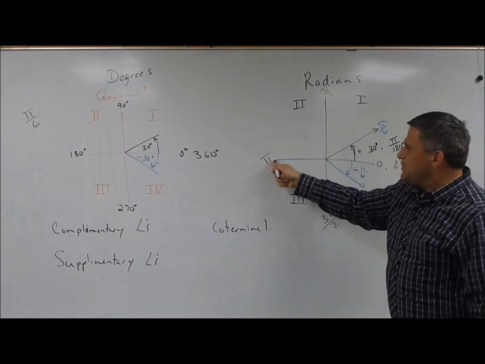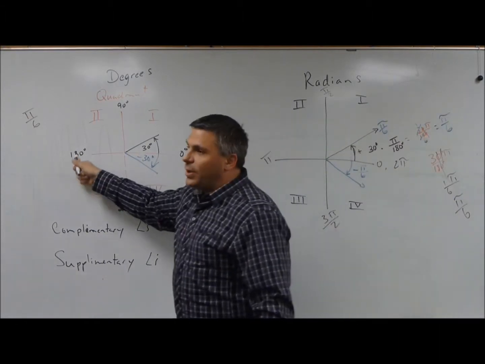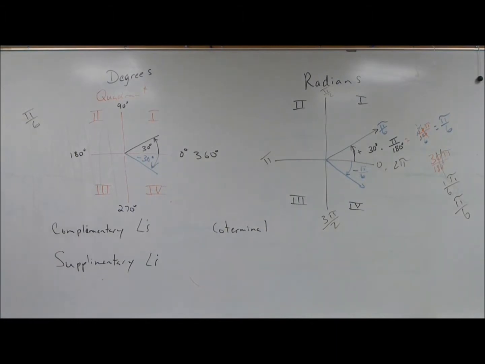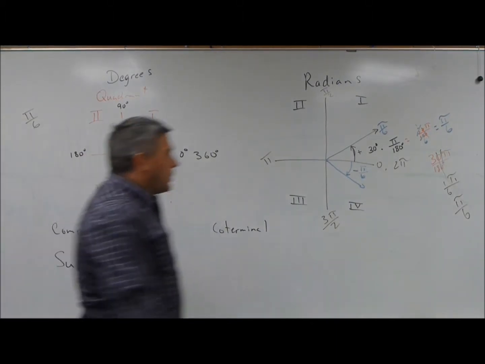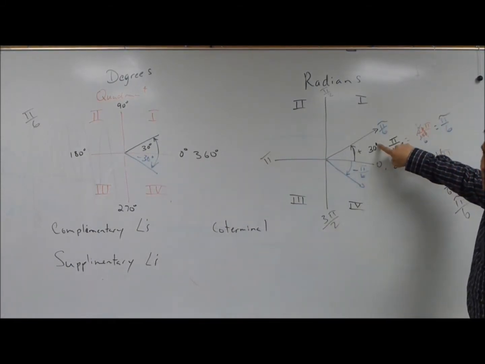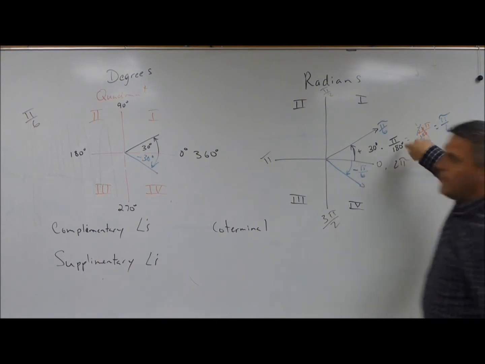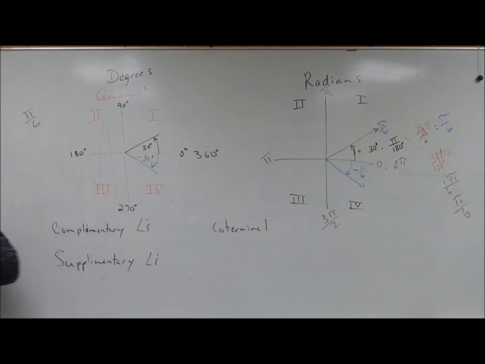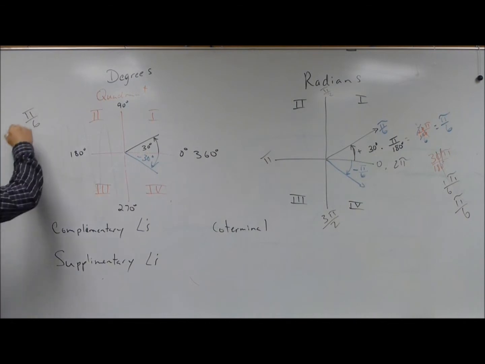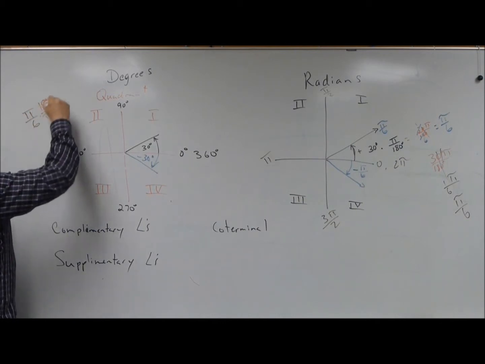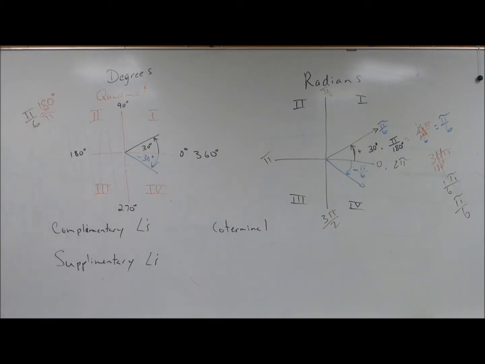So because pi is equal to 180, then pi over 180 is 1. By multiplying by this ratio to get rid of the degree, you want the degree on the bottom. But in the same ratio over here, we want the pi on the bottom, so that's going to put the 180 degrees on the top.